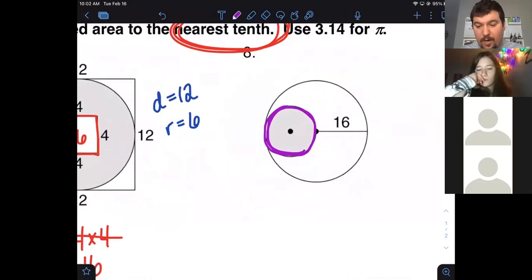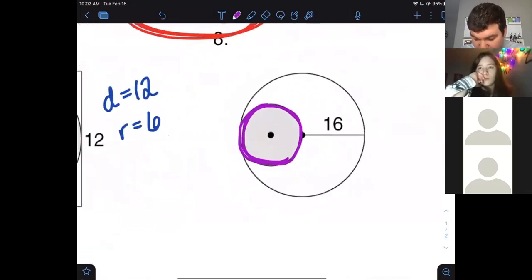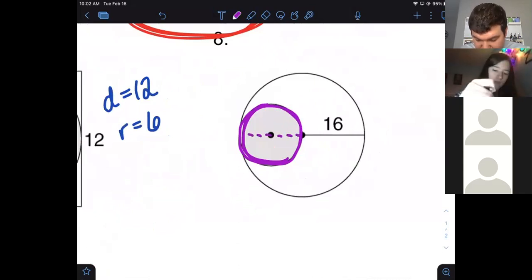Because the other circle has a radius of 16, I know that if I draw this dotted line right here, that dotted line is going to be 16 as well, because that dotted line I just drew is the radius just going the other way of the big circle. The radius of the big circle happens to be the diameter of the small circle.